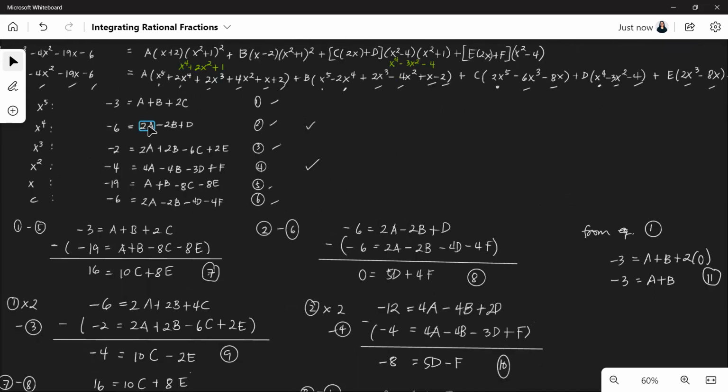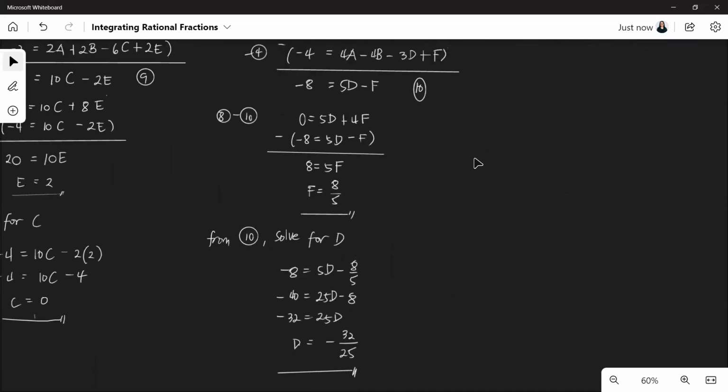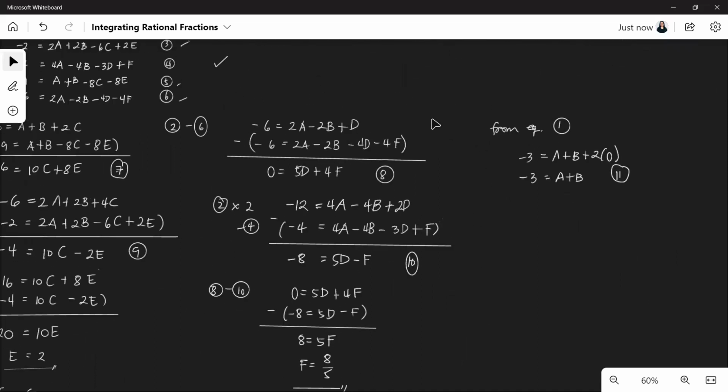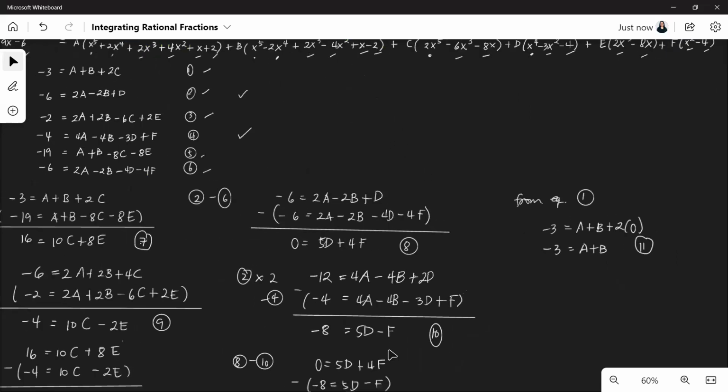So maybe we can use this. We already have the value of D, which is negative 32 over 25. From equation 2, negative 6 equals 2A minus 2B.